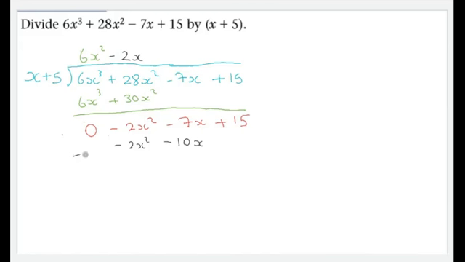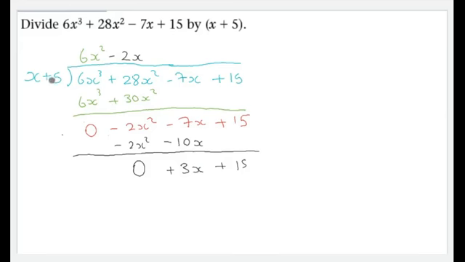And then we subtract to work out our remainder. Minus 2x squared take away minus 2x squared is 0. Minus 7x take away minus 10x is going to be plus 3x. And then you've got the 15 take away nothing, which is positive 15.